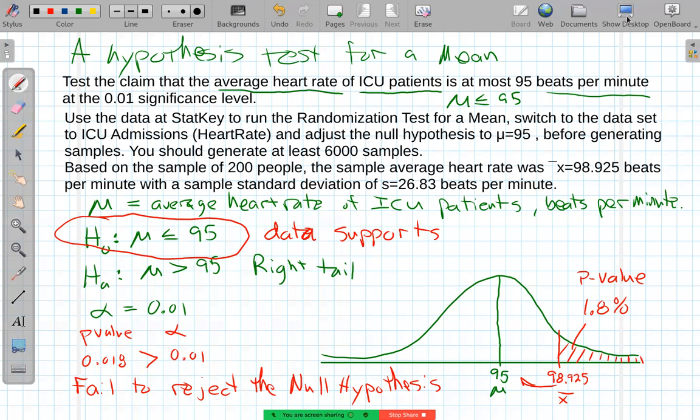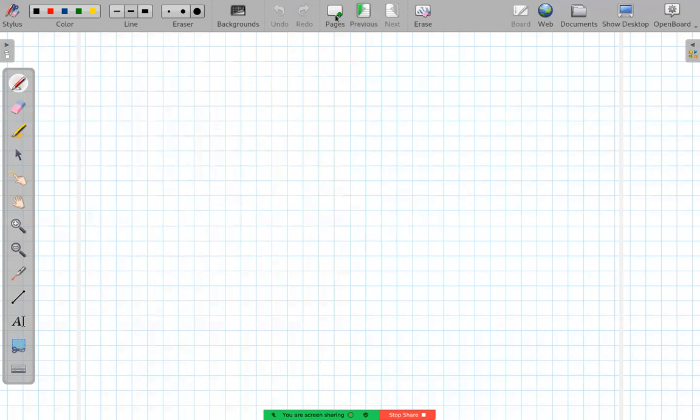And so I'm going to state this in a kind of non-technical way. Let's see. So one thing I could say is we do not have sufficient evidence to reject the null hypothesis. But I'm going to state that without saying null hypothesis. So we do not have sufficient evidence. That would be our sample data.